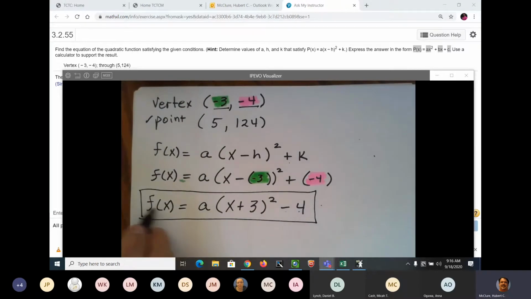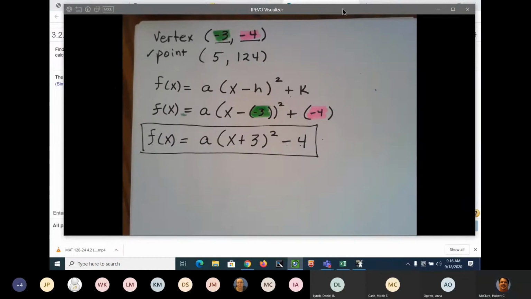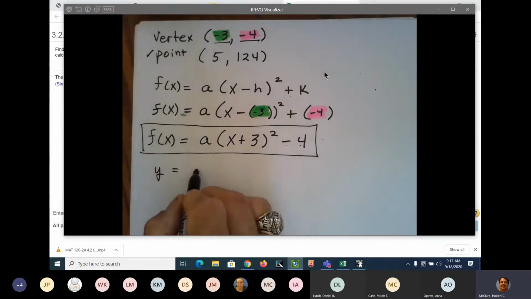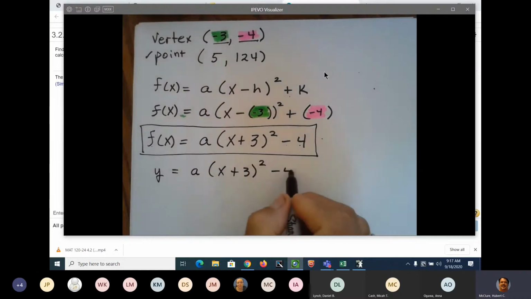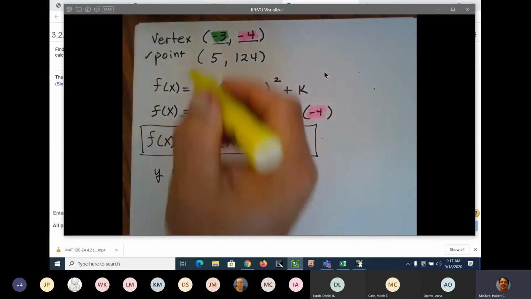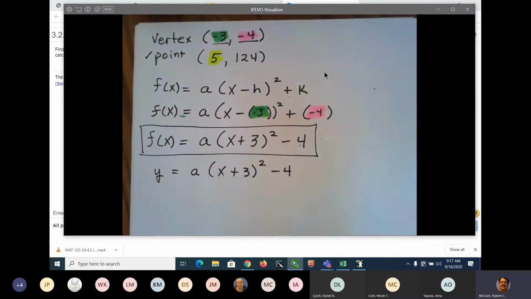Well, f of x is a fancy way of writing y. So we're just going to rewrite this. And I'm going to rewrite it. Y is equal to a times x plus 3 quantity squared minus 4. And now I'm going to take my handy dandy yellow marker, and that's going to go there.